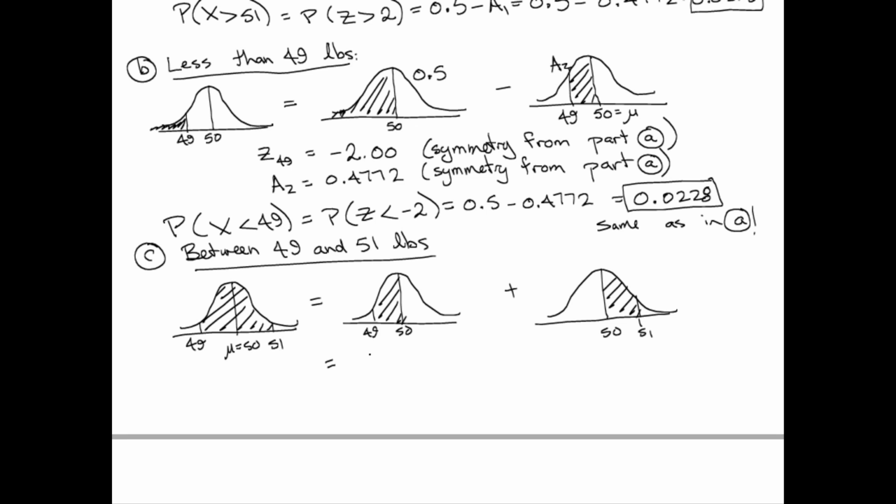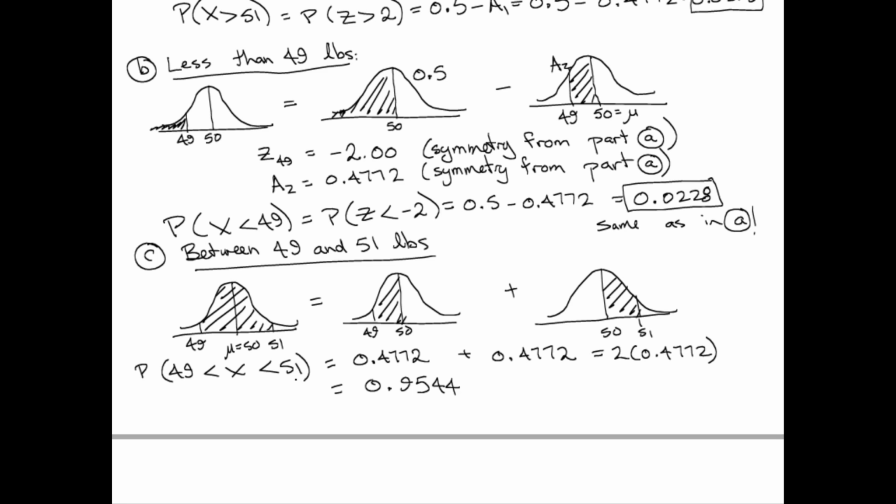But we already know that this first area was 0.4772. And then also the second area is 0.4772. So we're going to add these up, or you could just multiply by 2. And you're going to end up with 0.9544. And what is all this equal to? This is the probability that x is in between 49 and 51.